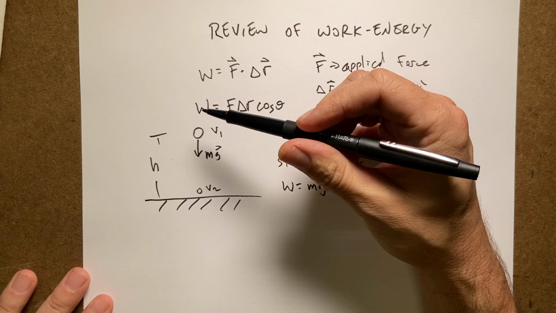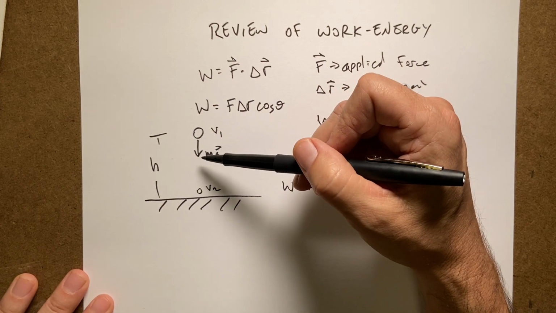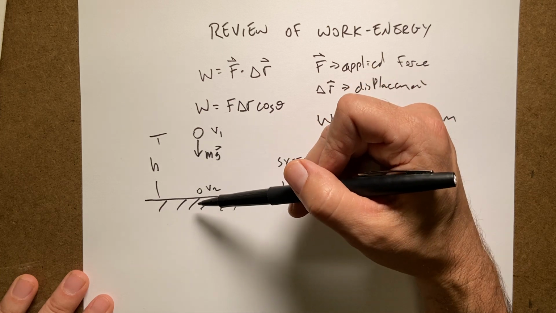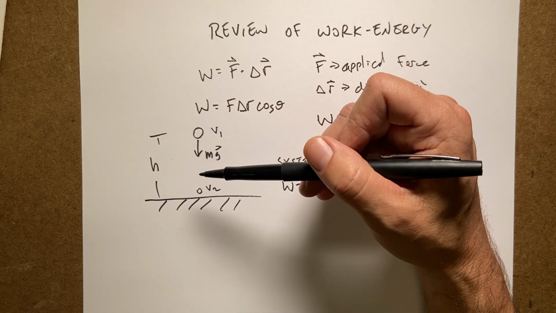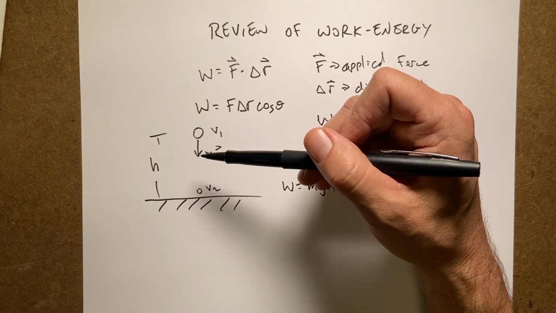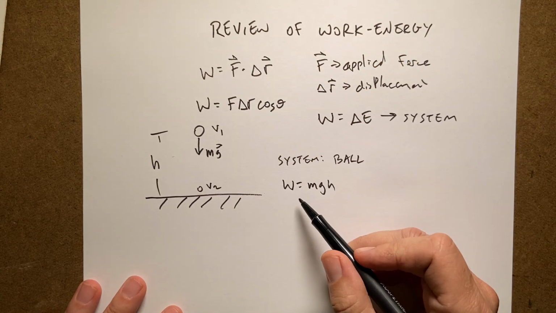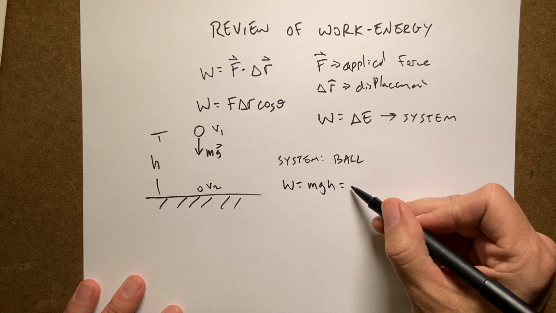The work done by gravity is going to be the gravitational force mg times the displacement of h, and the angle between the way it's moving and the way the force is exerted is 0 degrees because they're both going in the same direction. So that's the work done.